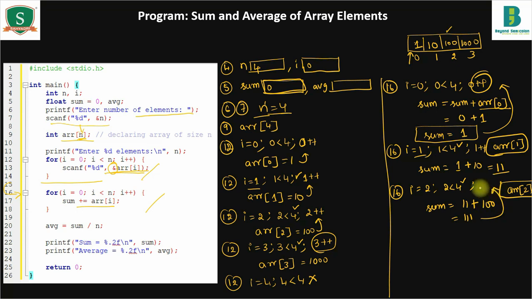From here, I value gets updated. 2 plus plus, 16. I is equal to 3. 3 less than 4. Condition is true. Sum is equal to 111 plus 1000, because array of 3 is 1000. The value becomes 1111 and 3 plus plus.